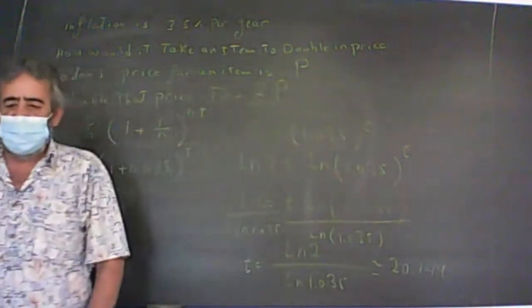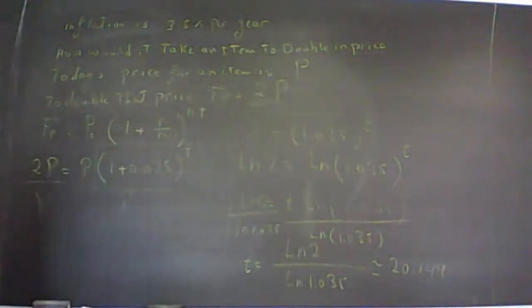So based on that inflation, it will take about 20 years for the prices to double up. And that means all the prices to double up.